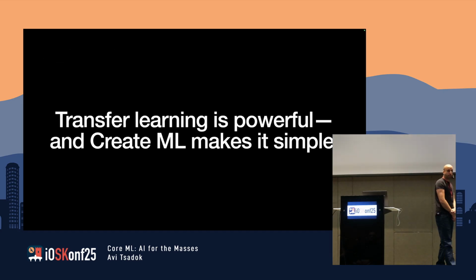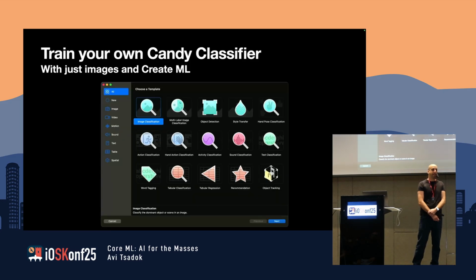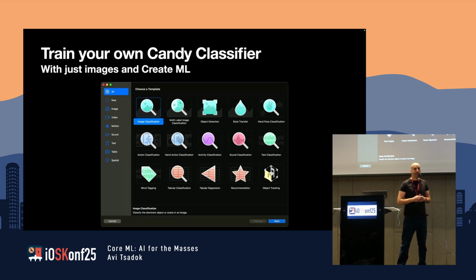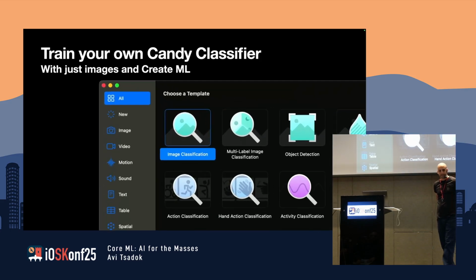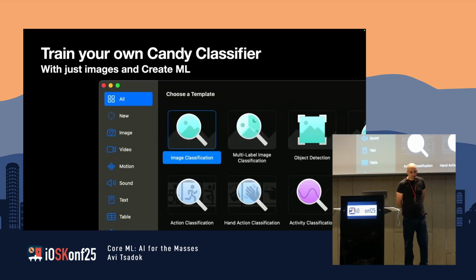Now, transfer learning is powerful, and we can use CreateML to make it much simpler. CreateML is something that you have on your computer today, because if you have Xcode and code signing, you also have CreateML. CreateML comes with different templates, but for that I'm going to use the image classification.